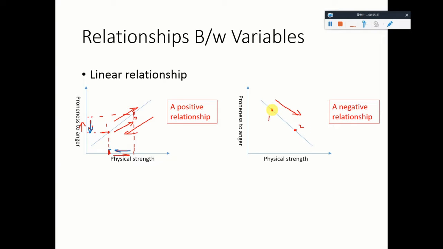So if we move from point 1 to point 2 in this way, we're moving from here on physical strength to here on physical strength. Direction is, let's say, from weak to strong. Okay? From negative to positive.